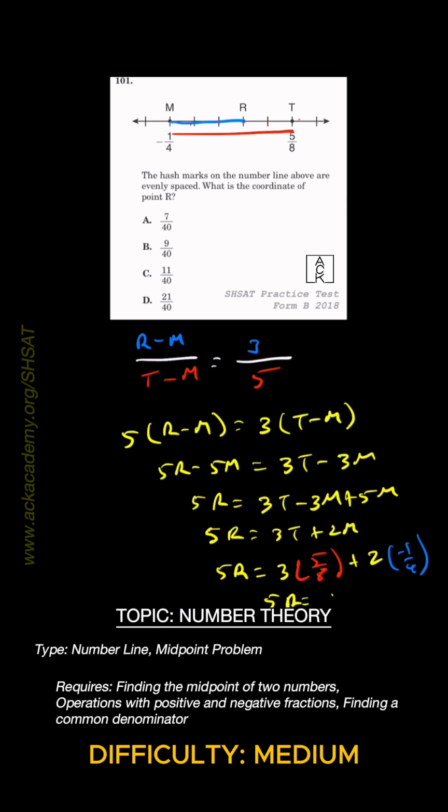So I'll put 15 over 8 plus negative 2 over 4. Let me move these.